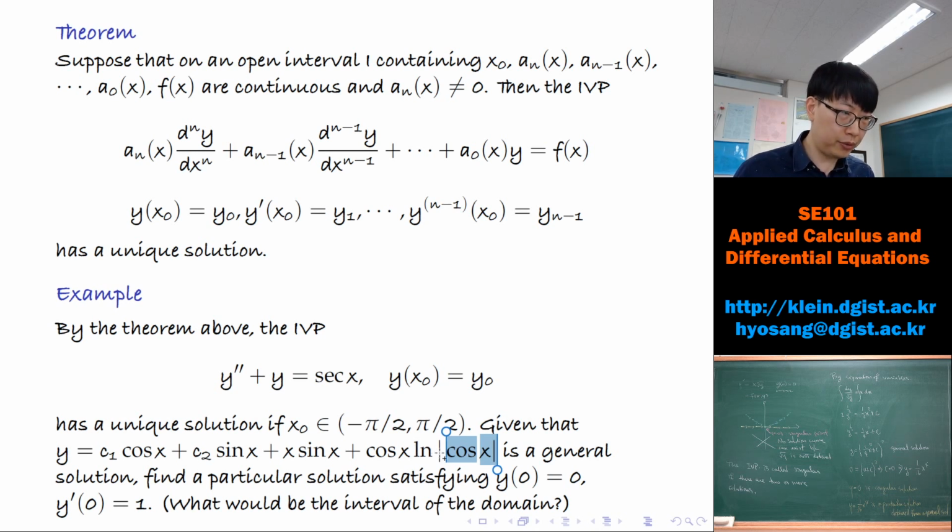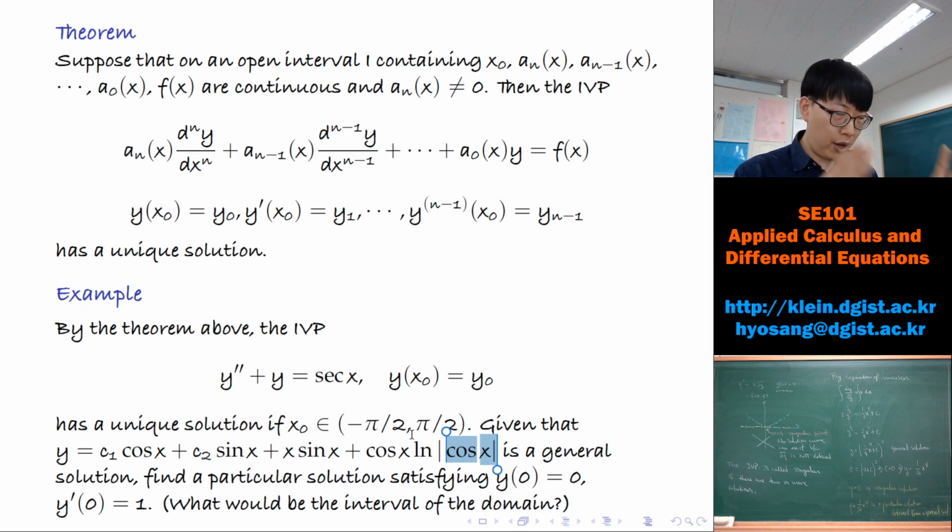Because we have an absolute value sign, it will always be bigger than 0. So it means that cosine x must not be 0. Now, if x ranges from minus infinity to infinity, cosine x oscillates between minus 1 and 1, and it will cross 0 at some point. So in order to have a non-zero value inside of the log, my x must lie between minus pi over 2 and pi over 2, or pi over 2 to 3 pi over 2, and so on.